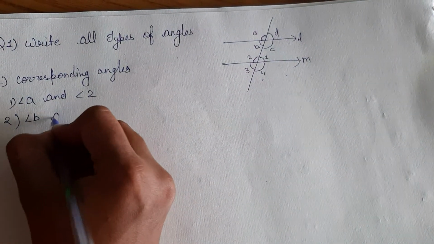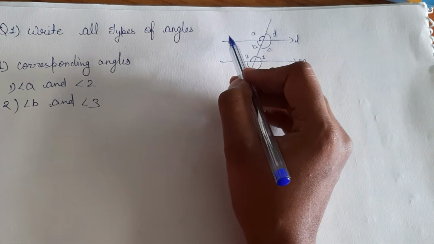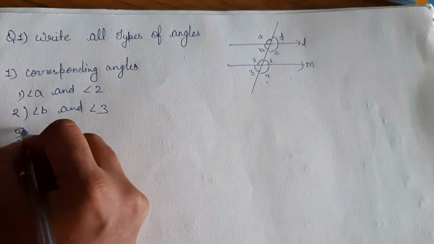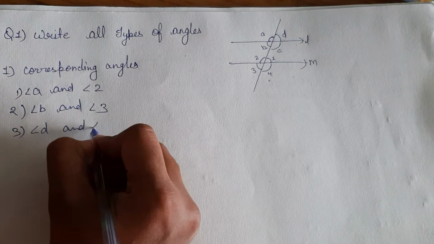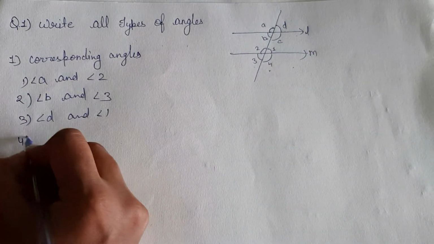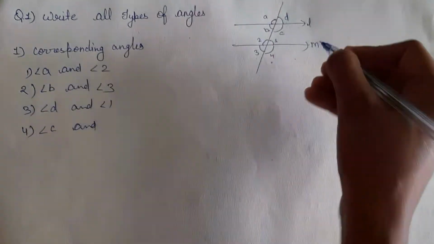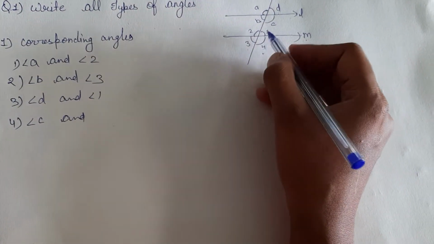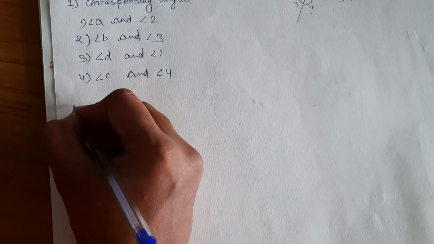Angle B is the corresponding of angle 3. Next, the same one side we have done, now the other side we have to write. First I am taking angle D, then the other side will be angle 1. Fourth, if I am taking angle C below this line, in the other line M, in the same way I am taking angle 4. These are the corresponding angles.